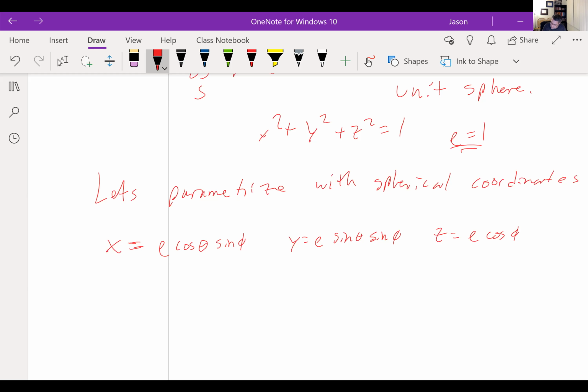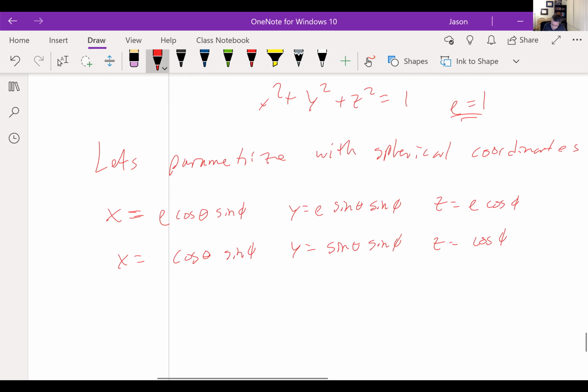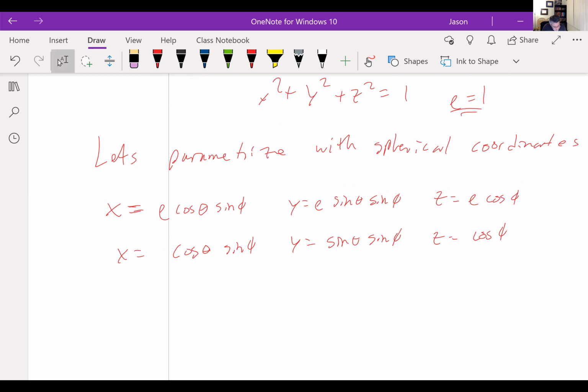It's not r squared, it's just 1. So x is equal to cosine theta sine phi, y equals sine theta sine phi, and z is equal to cosine phi. Those are my parameters.